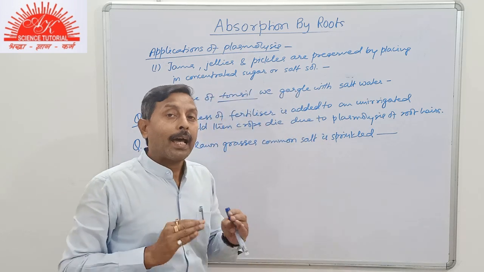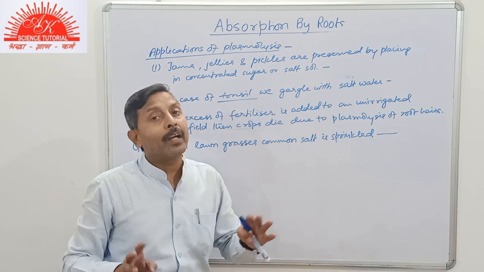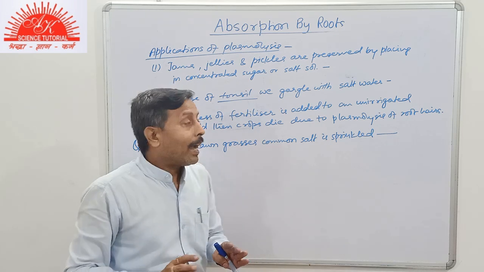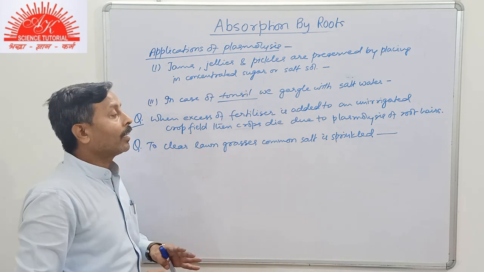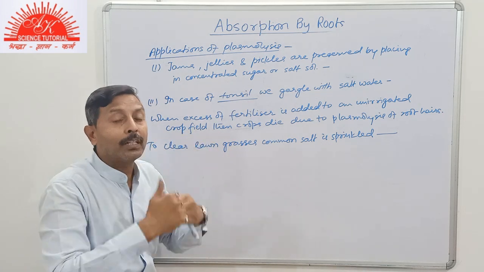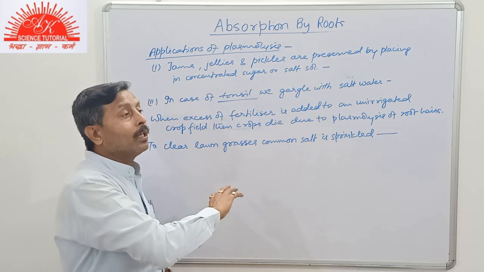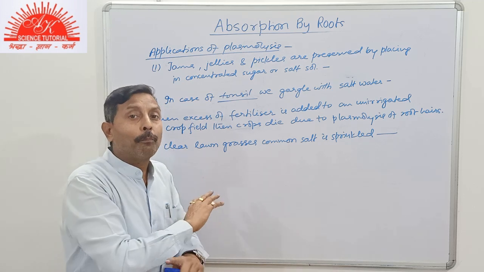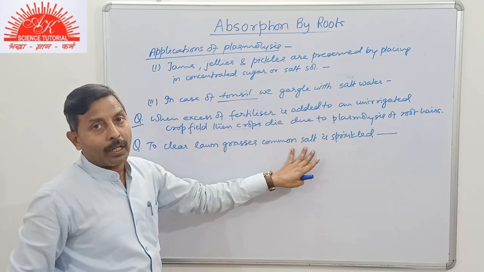Exosmosis takes place and the root hair cells get plasmolyzed, and ultimately they die, and hence the lawn grasses will be completely cleared from the soil. It will not be able to regrow. Clear, student? So wherever we need to clear the lawn grasses completely, permanently, we add common salt to the soil.